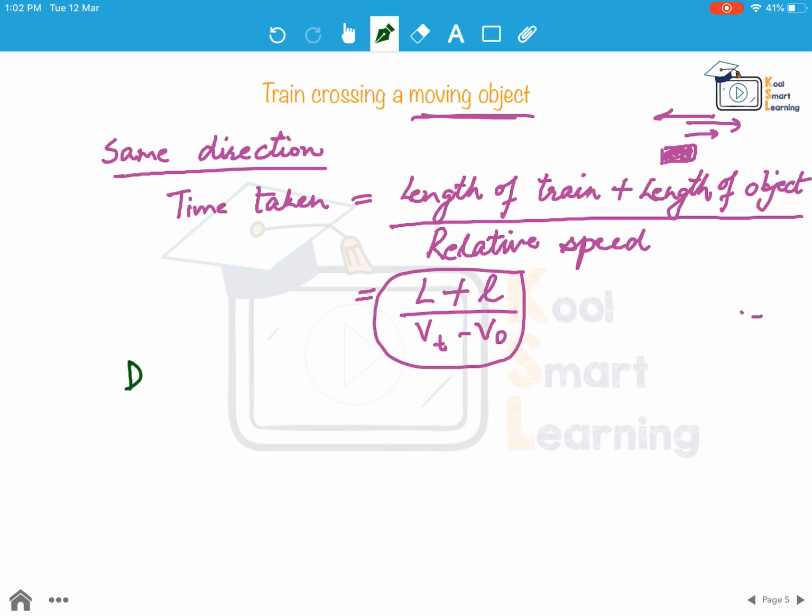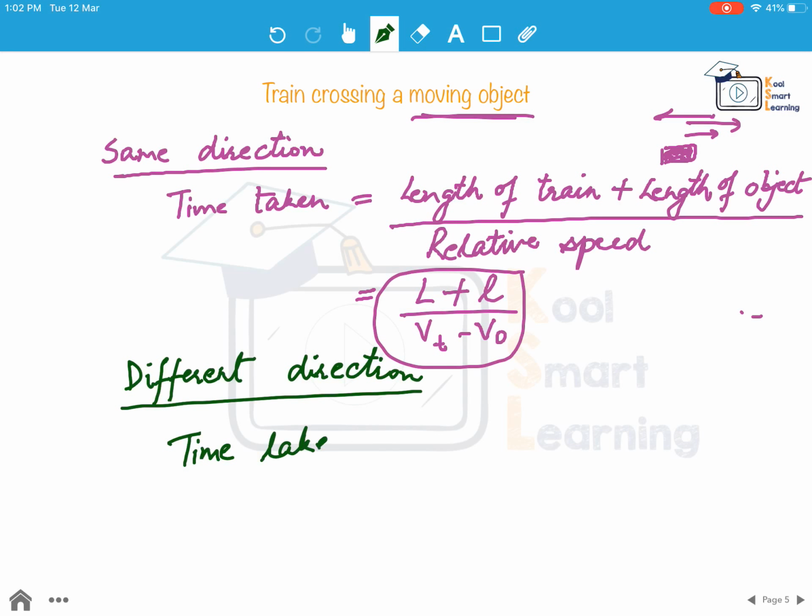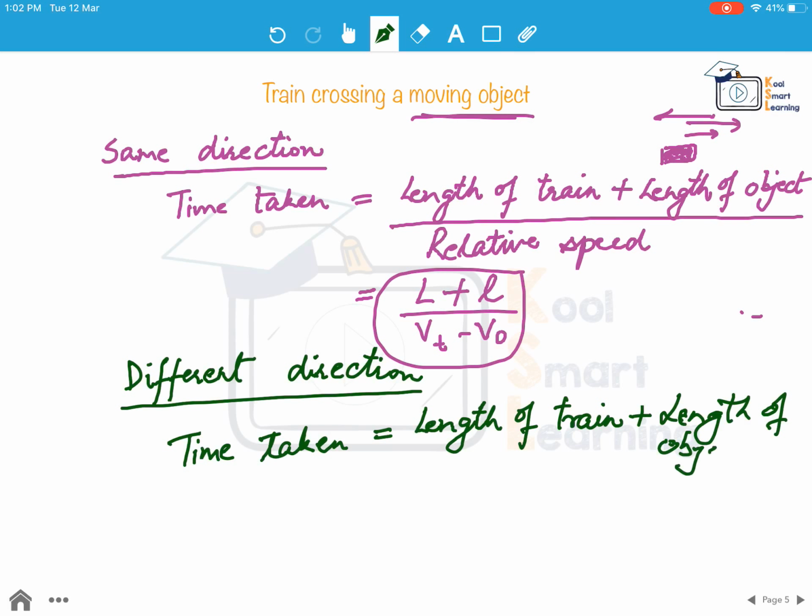Now let's take the case where the object and the train are moving in different directions. In this case, the time taken will be again equal to the distance travelled, which is nothing but the length of the train plus the length of the object, divided by again the relative speed.